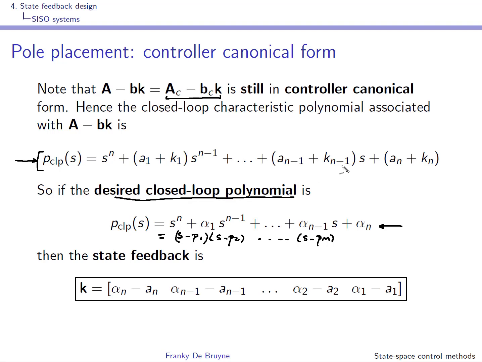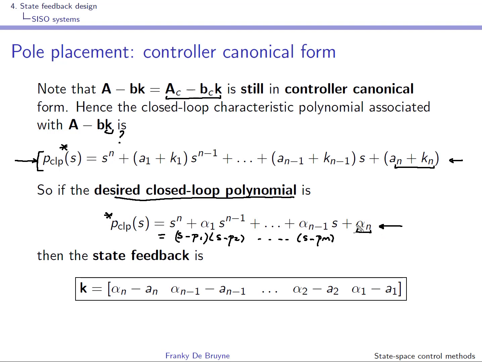And now the question is how you choose k, right? Well, this is what you desire, and you know that the closed loop characteristic polynomial is given over here, so we have to equate this equation with this equation. Okay, and you can do this for every parameter. So for instance, let's do it for the independent parameter here.